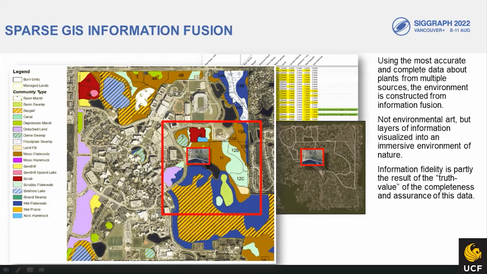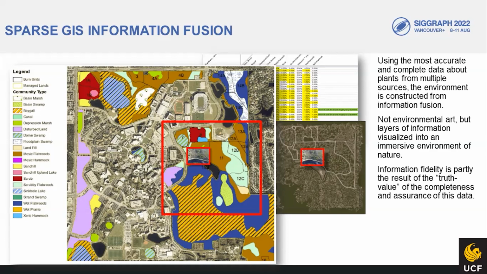And so we would look into the database and find the plants that were recorded through field study, plot studies in the dome swamp, and find out what plants were there, link that to the 3D models and visualize them on the map. But we also had to understand the plant population densities.